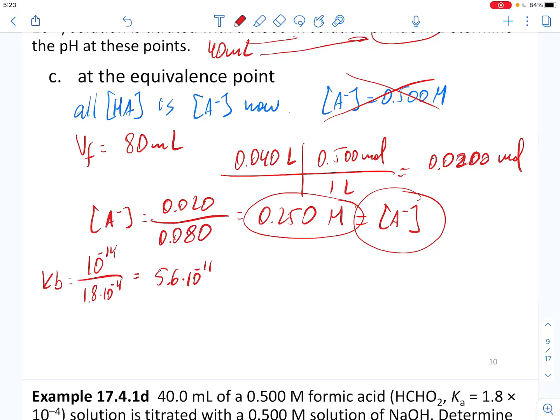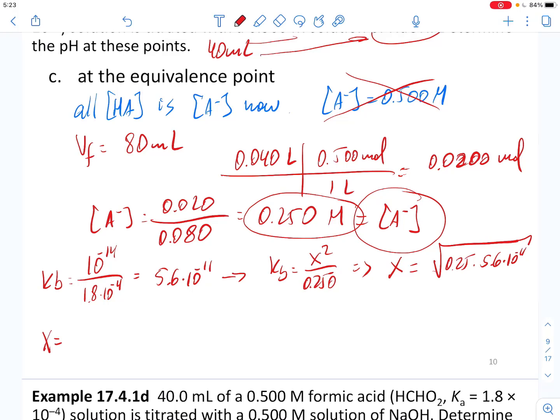Now, Kb is equal to x squared divided by 0.25, which means x is going to be the square root of 0.25 times 5.6 times 10 to the negative 11.